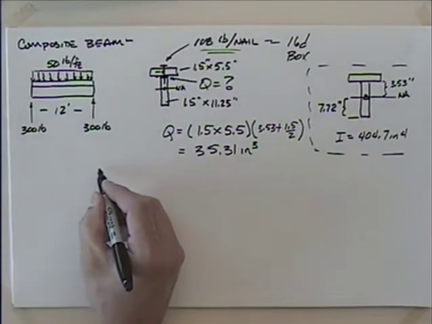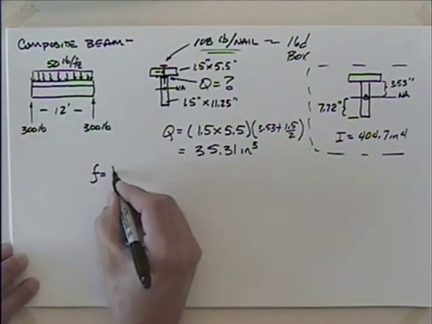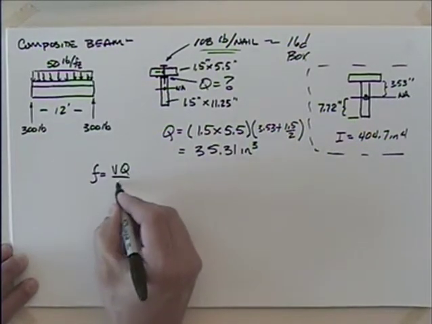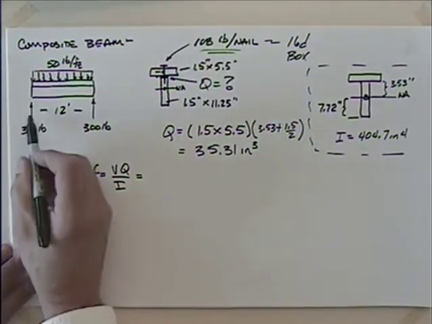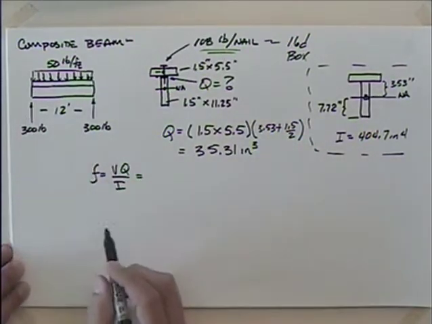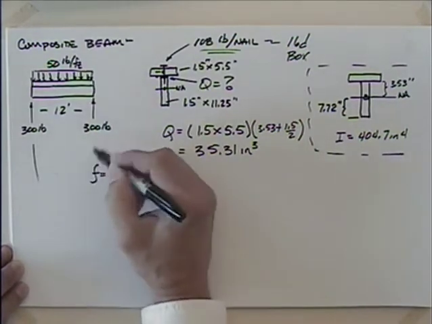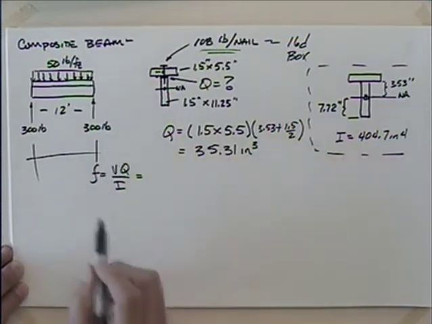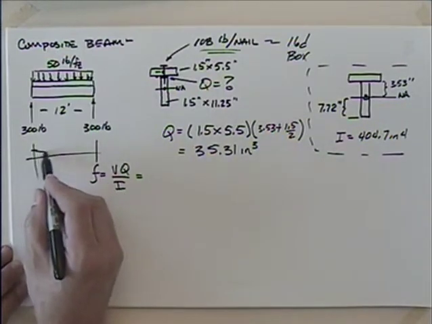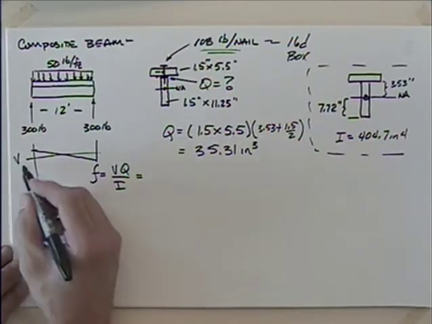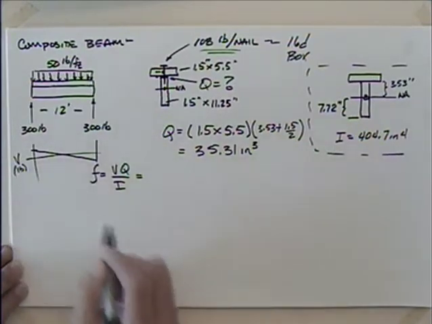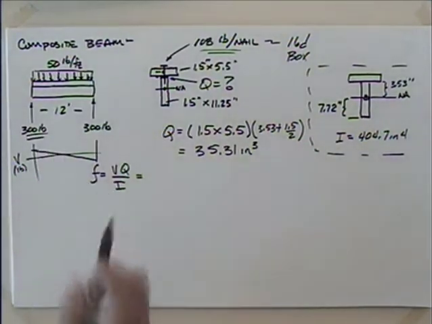But as I calculate then the shear flow F, which is VQ divided by I, our maximum shear will be at a reaction here. And if we were to do a shear diagram on this, it jumps up, comes down like that. So our maximum shear is what our reaction is, right?